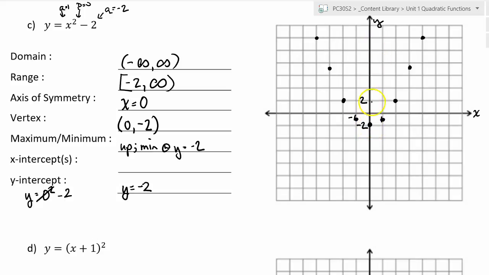So it should be at 16, down by 2, so 14. And from here, I'm going to connect my parabola. Oh, I've miscounted somewhere. 2, 4, 6, 8, 10, 12, 14, 16. Yeah, there we go. Knew those points looked wrong.